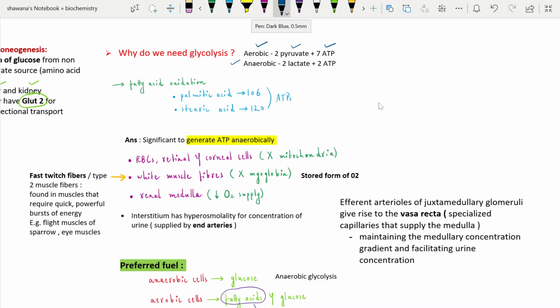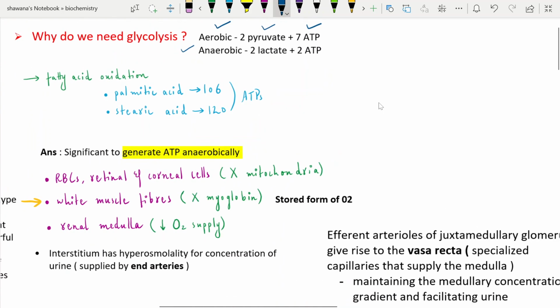For example, in fatty acid oxidation, the oxidation of palmitic acid and stearic acid yields 106 and 120 ATPs respectively. It means that fatty acid oxidation yields way more than glycolysis.